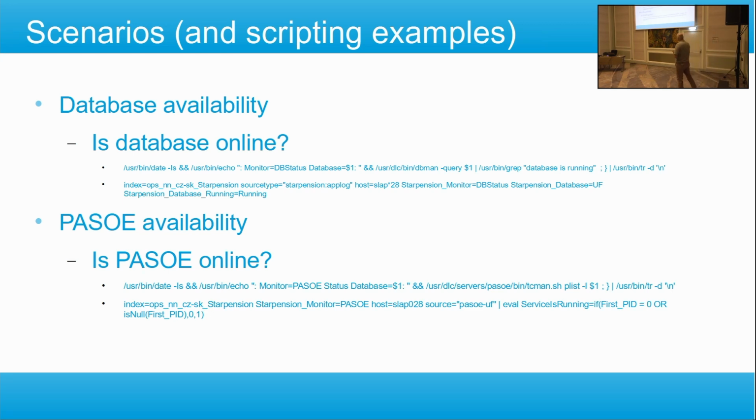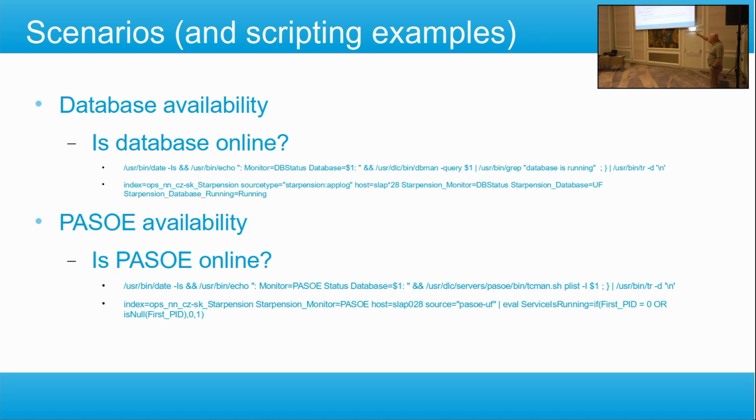And then I have a simple query on the search head, which shows me whether the database is running. There should be 0 instead of the asterisk, I'm sorry about that, but it shows whether the database UF on server SLAP 028 is running.